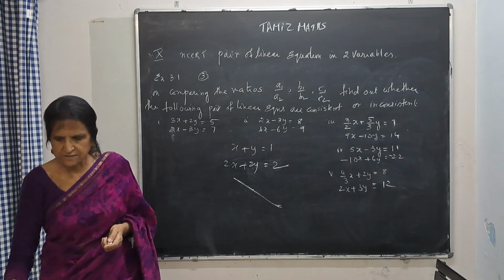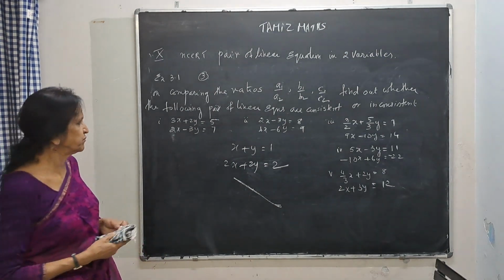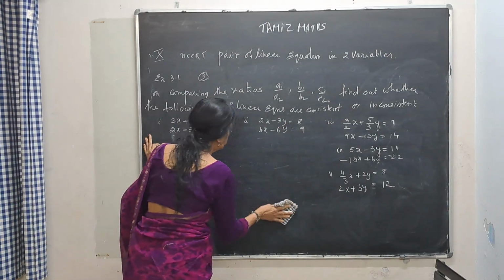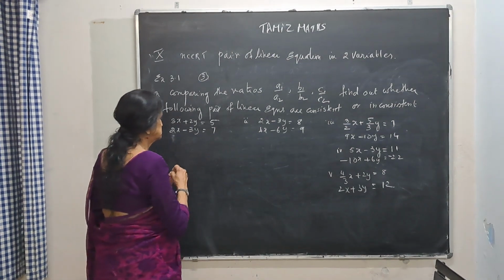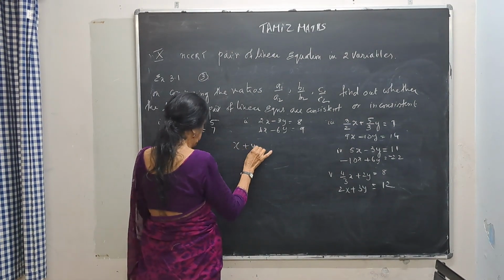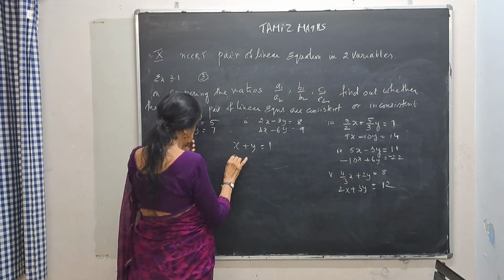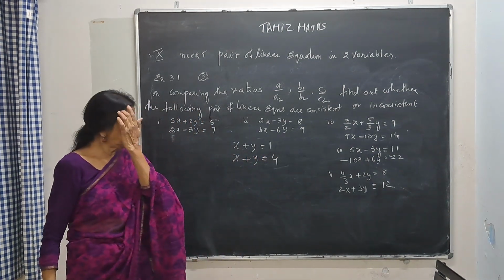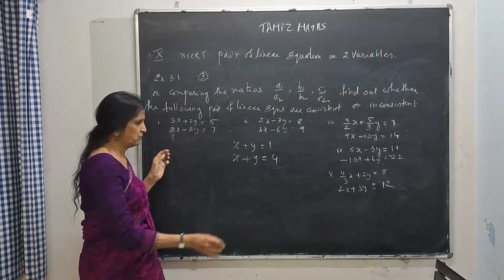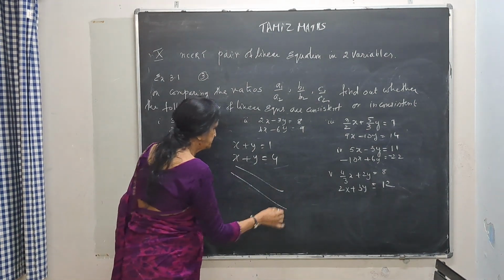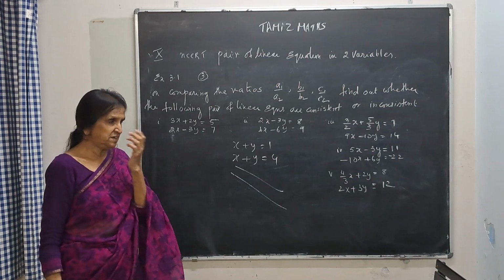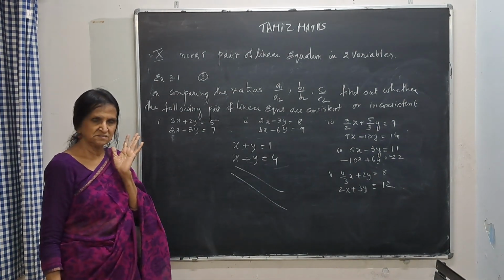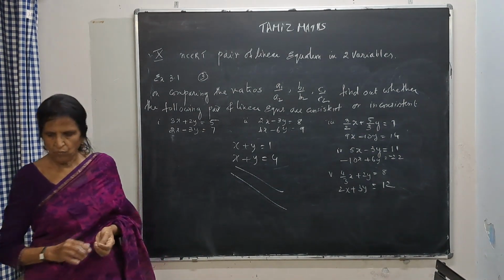Now suppose I have it like this. If you draw the lines, they will be parallel. They will never cut. Then it is inconsistent.